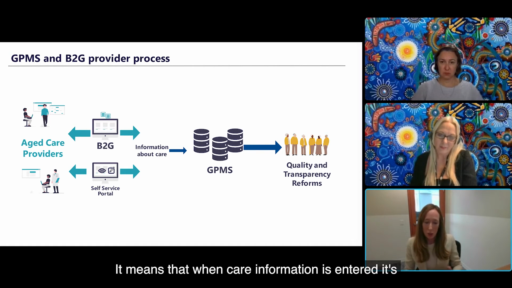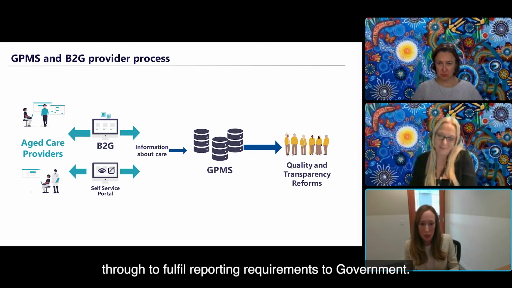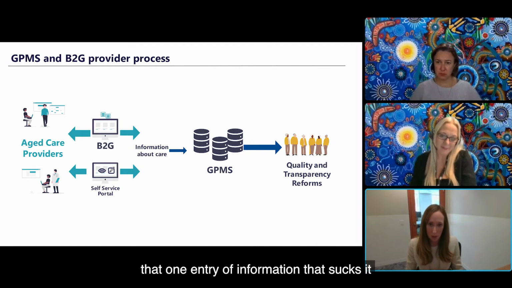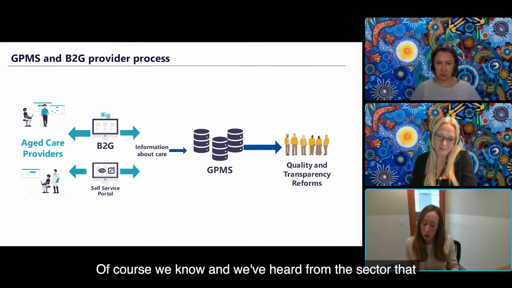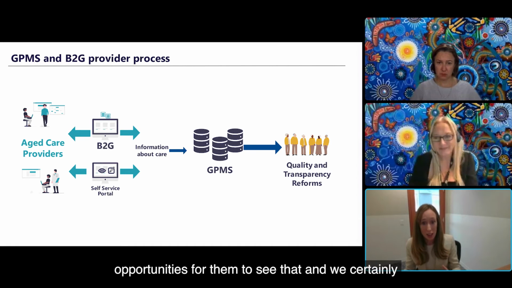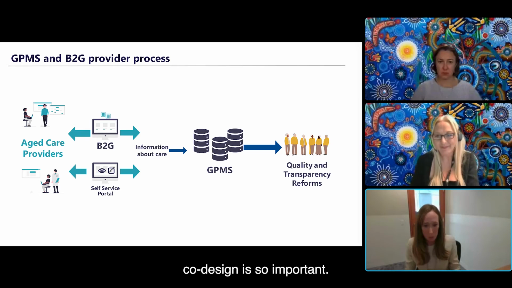It means that when care information is entered, it's entered once, and that is synthesised or extracted through to fulfil reporting requirements to government. That one entry of information sucks it automatically in. Of course, we know and we've heard from the sector that it's important that there are checks and balances and opportunities for them to see that. And we certainly keep that in mind and build it in, and that's why co-design is so important.